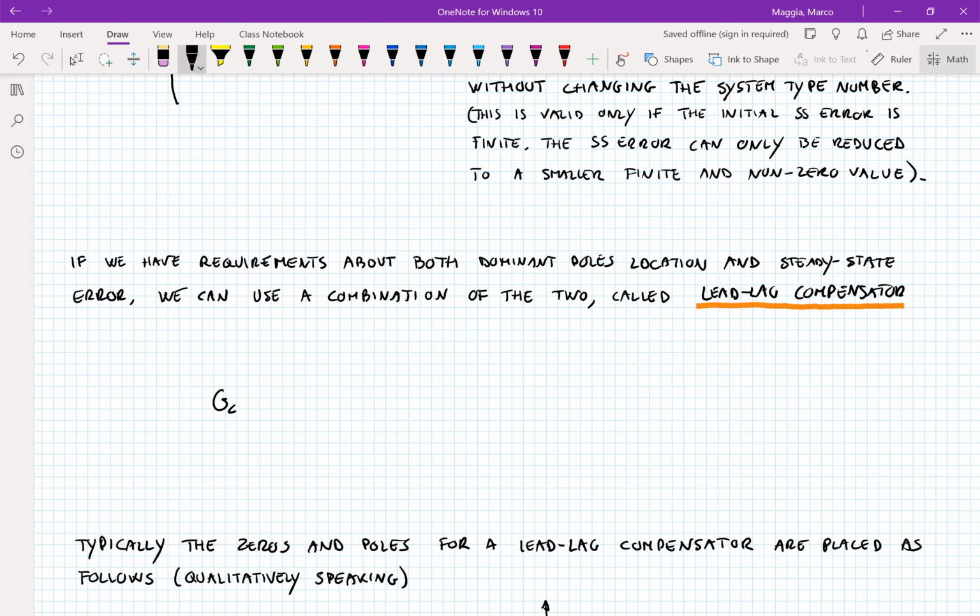And the transfer function associated with the lead lag compensator is just the product of the transfer function for a lead compensator, so we have s plus sigma z lead over s plus sigma p lead, times a transfer function for a lag compensator.